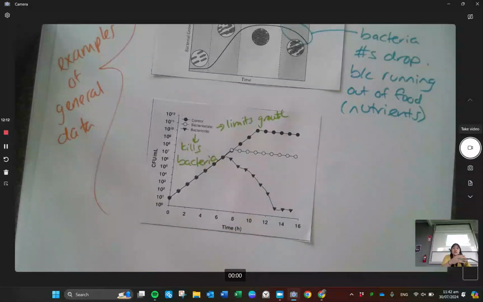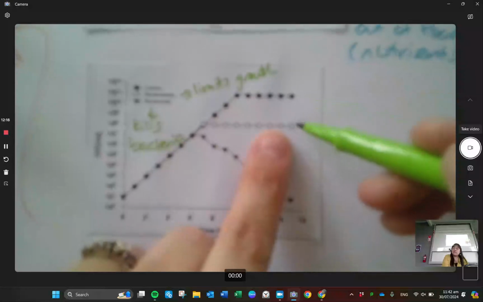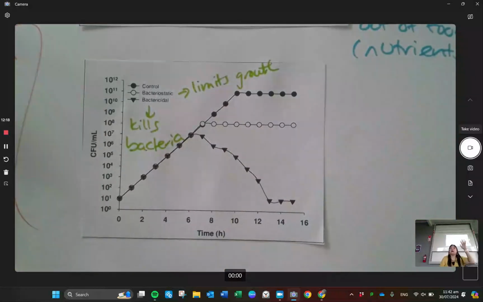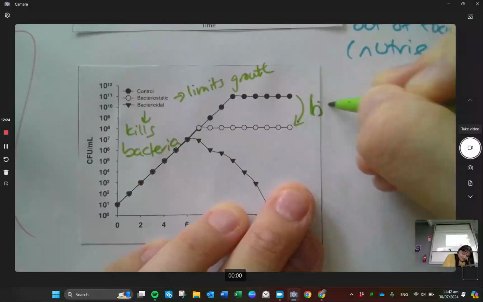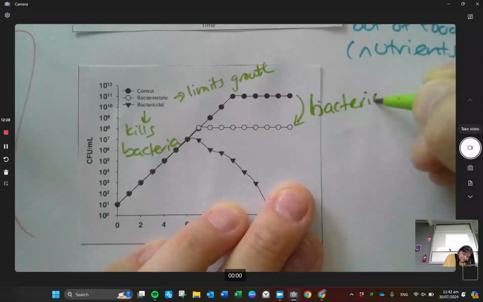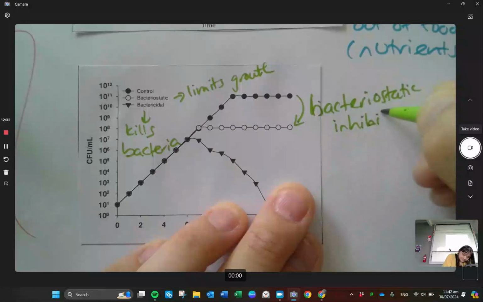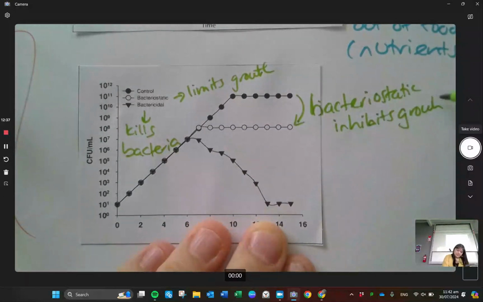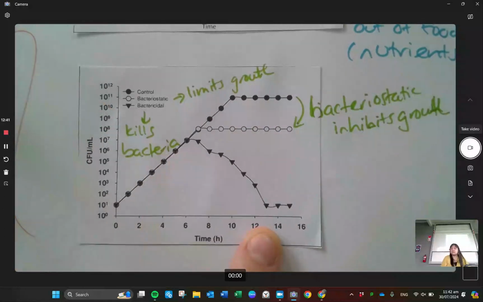So if we were trying to make a conclusion, the bacteriostatic decreases the maximum amount of bacteria growth, so it inhibits bacteria growth. And then the bactericide actually kills them, so that's why it's dropping down to 0.